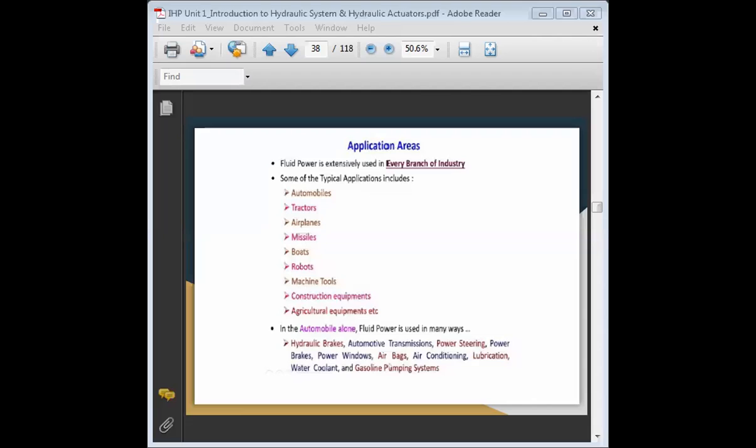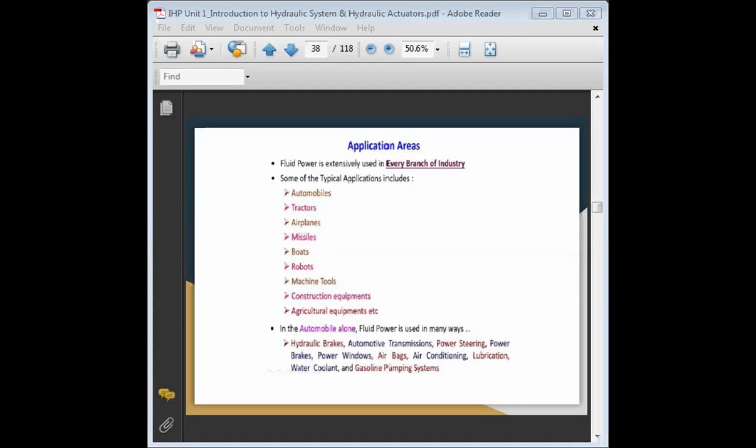This is the seventh lecture of our subject, IHP, Industrial Hydraulics and Pneumatics. In the last lecture, last Tuesday, we saw the basic components of the hydraulic system, then the basic components of the pneumatic system, and then the comparison between hydraulics and pneumatics.